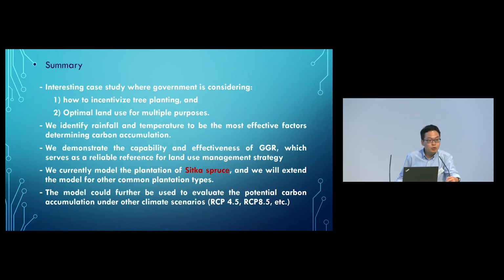So a quick summary of our today's presentation. The case study where government is considering is how to incentivize tree planting and to optimize land use for multiple purposes. We here identify rainfall and temperature to be the most efficient factors determining the carbon accumulation.